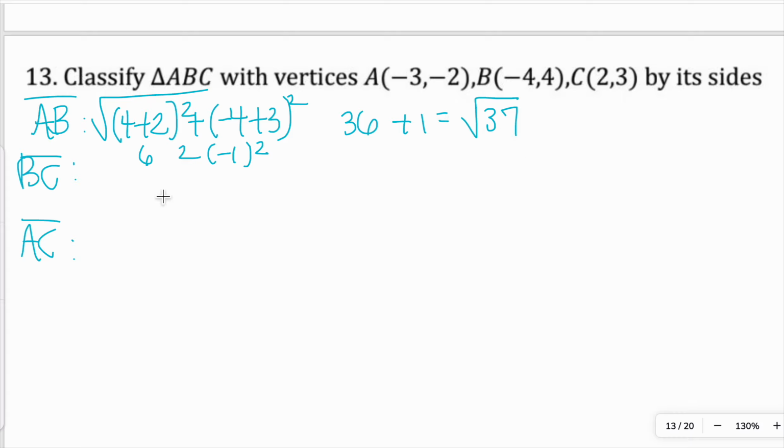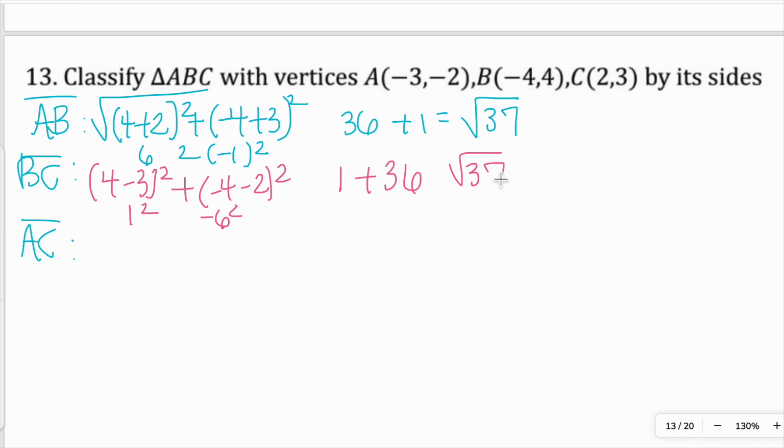I don't need to put this in decimal form right now because I can probably just compare my square roots. BC, from B to C, I did 4 minus 3 for my y's squared, plus negative 4 minus 2 squared. That's going to be 1 squared and negative 6 squared, or 1 plus 36. So again, I'm getting the square root of 37. So far I've got 2 matching sides.